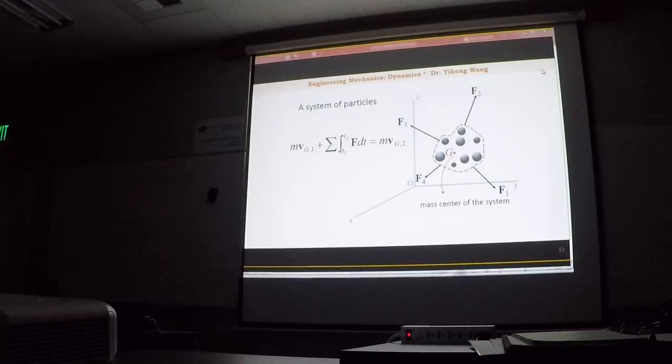The principle of linear impulse and momentum can also be applied to a system of particles. Here, the total impulse term includes all the impulse caused by external forces acting on this system, and for the linear momentum term, m is the total mass of all the particles in the system, and vG is the velocity of the mass center of the system.